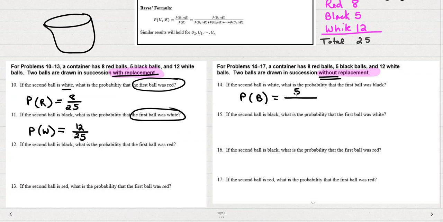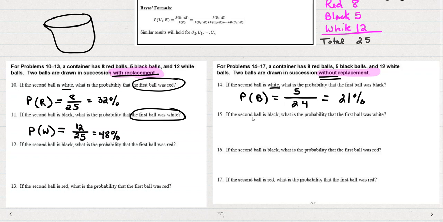But we know that in the future, we're going to get one of those white balls. So the denominator changes to 24. So we have a 5 out of 24. Let me put these as percents because the percents sometimes make a little more sense to us. And to get that percent, I'm simply dividing 5 by 24 and then converting that to a percent, which means moving the decimal to the left or multiplying by 100.